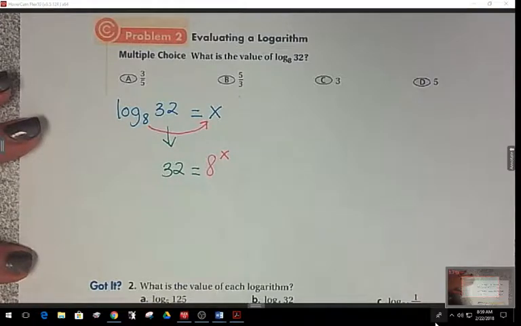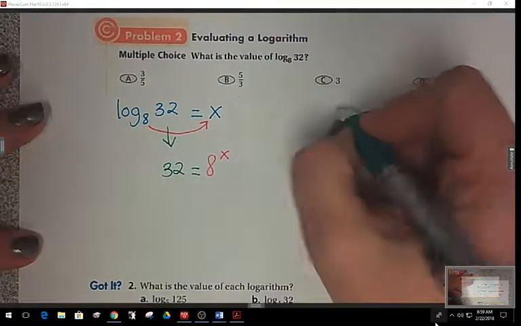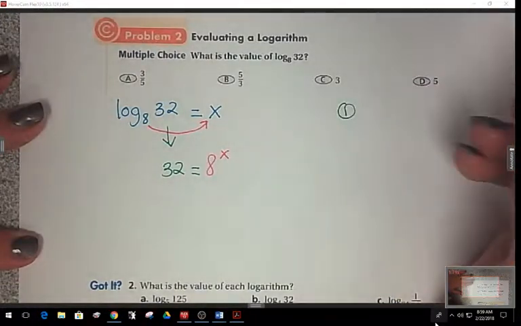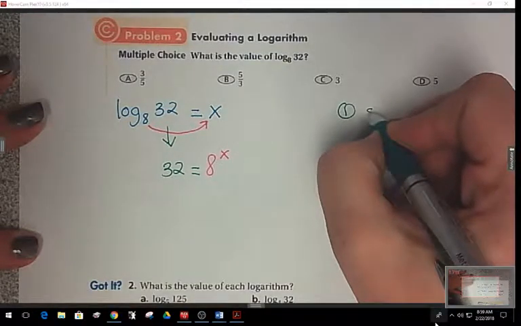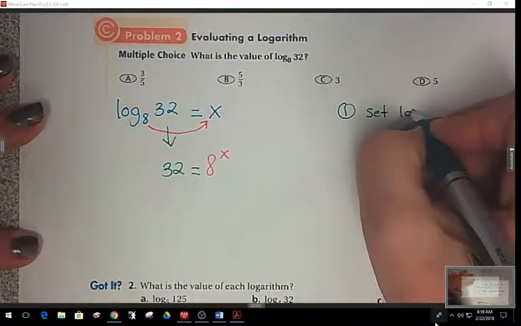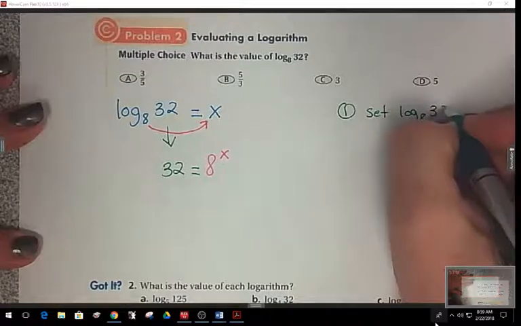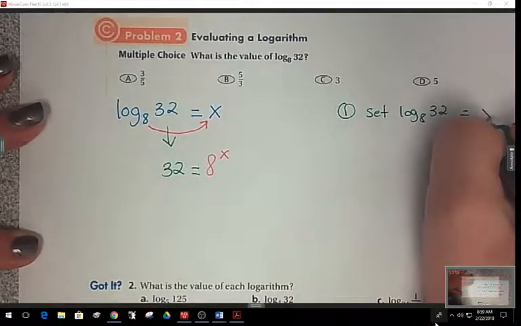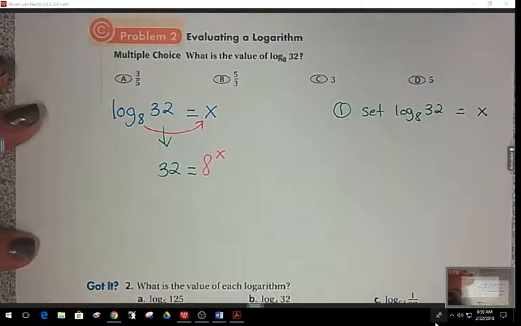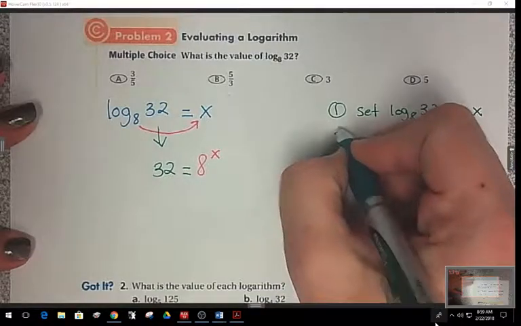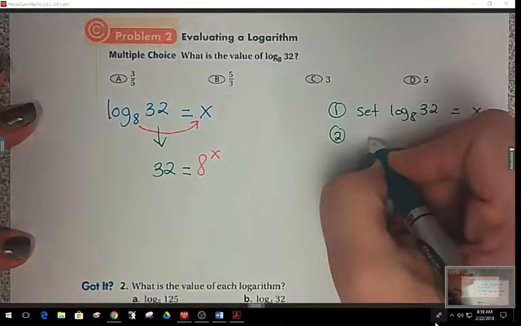Well, what I'm going to do for this problem, okay, let me write my steps over here. Step 1, I set log base 8 of 32 equal to x, or you can use any variable you want. Step 2, I changed it to exponent form.